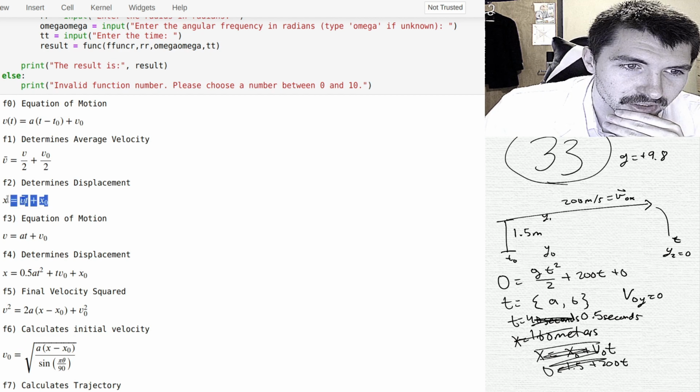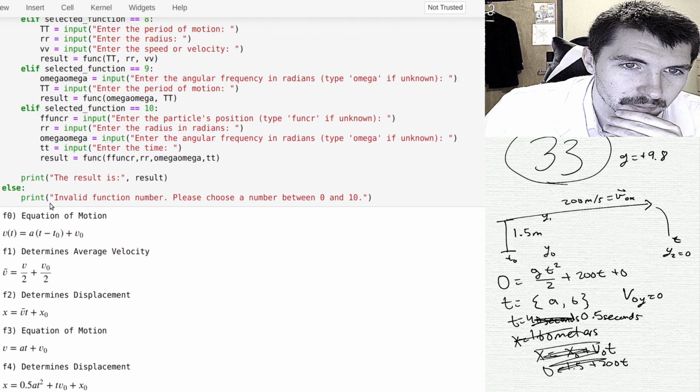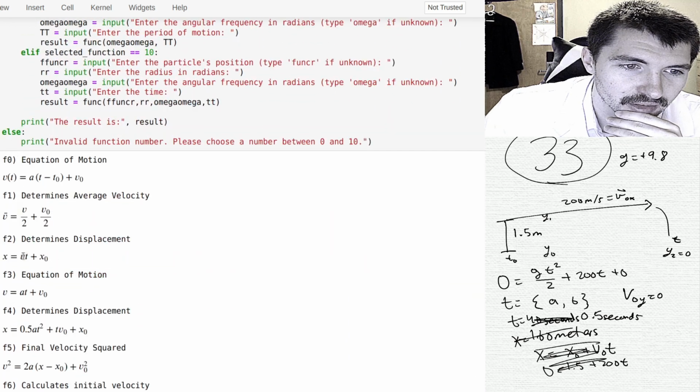So I know I haven't really used F2 at all. Maybe I shouldn't be using the average velocity.